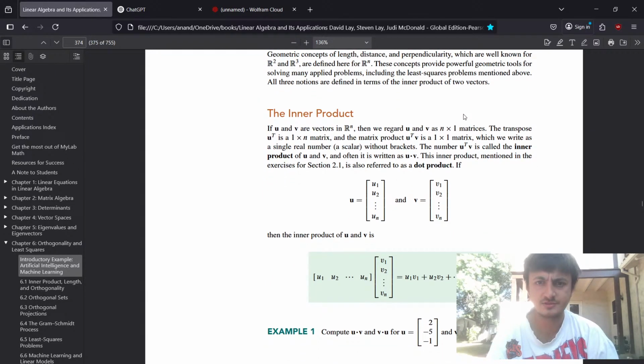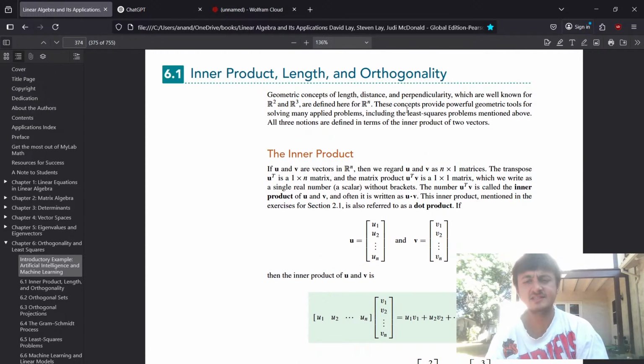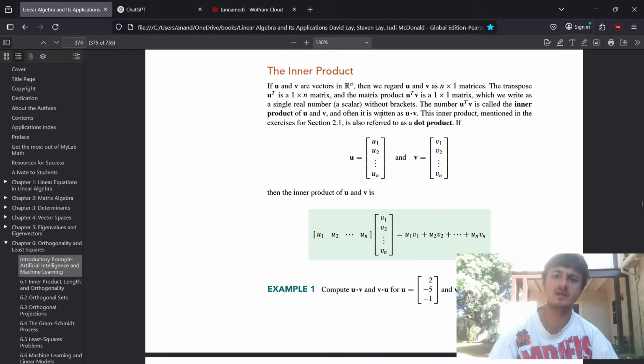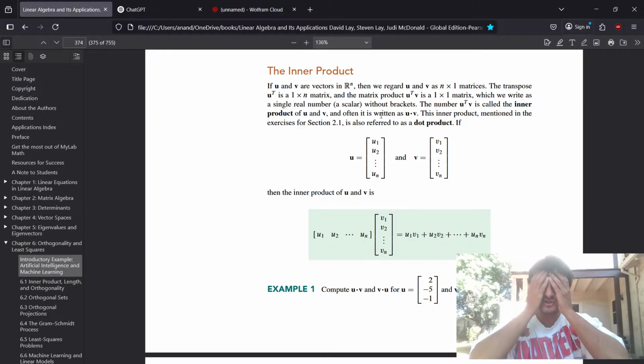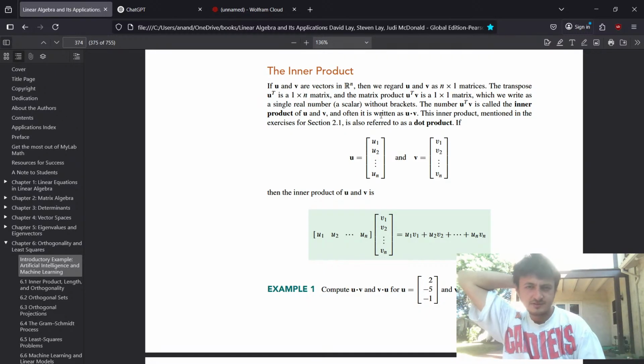All three notions of length, distance, and perpendicularity are defined. Okay, the inner product. If U and V are in Rn, we regard U and V as n by 1 matrices. The transpose U^T is a 1 by n, and the matrix product U^T V is a scalar or a 1 by 1 matrix.